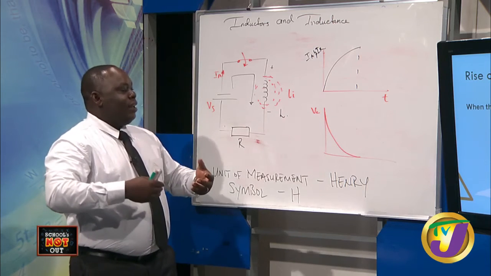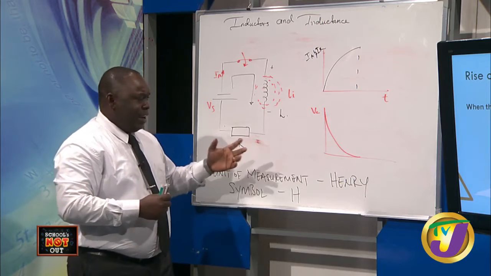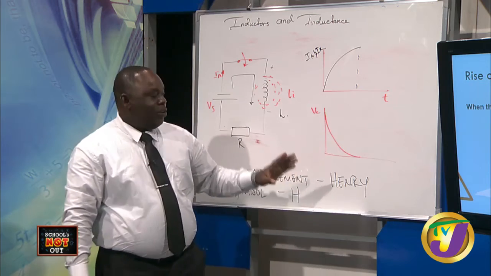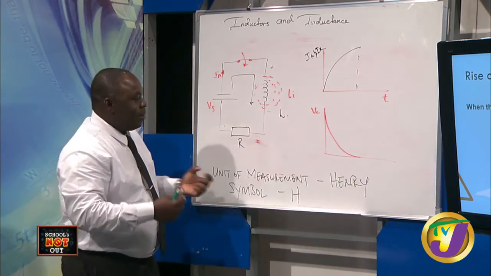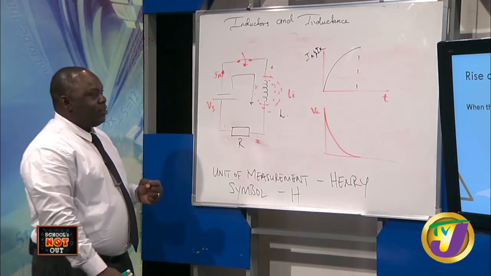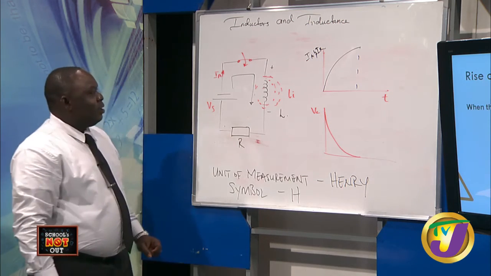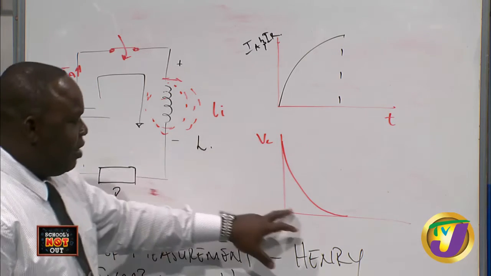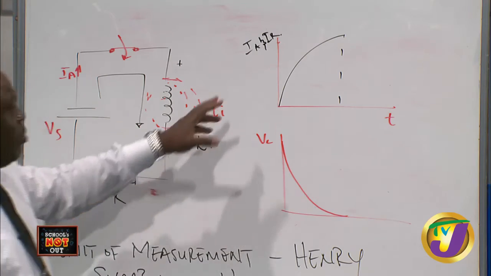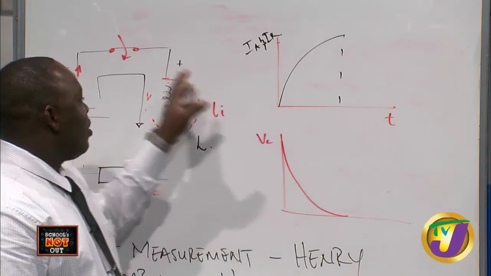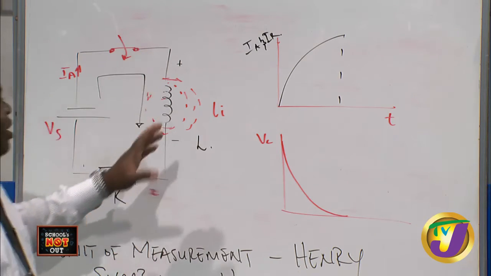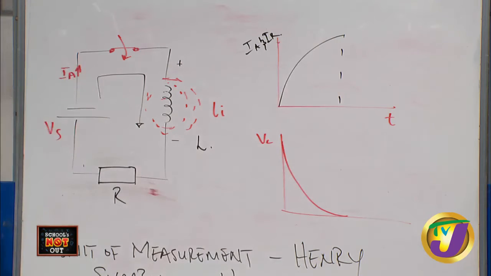Based on the level that you're at, for example the grade 12s and those in universities, you will be doing a lot of graphs pertaining to these, working on the area under the graph and using your mathematical principles to come up with the solutions to the questions that will be asked. Here we're trying to help you appreciate the principle, though, that VL, the inductor voltage, will be falling, but the applied current, or the current flowing through the inductor, which will be the same current eventually flowing through the resistor, will be rising. So those are some important things to pay attention to.